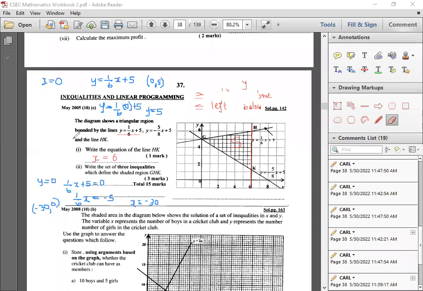Get that? Sir, I don't understand. How did you get the 30 from -5 by 1/6? I don't understand how to get the 30. When I multiply -5 by 1/6, I'm getting -0.833.